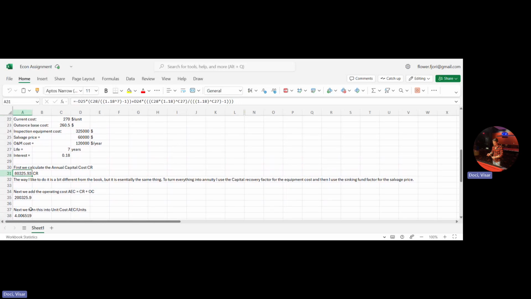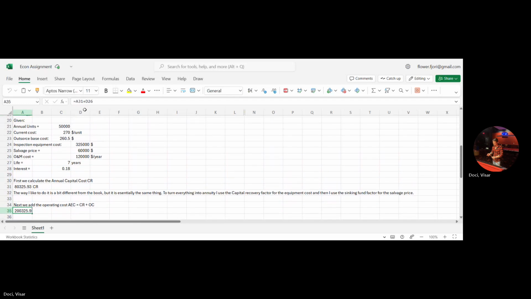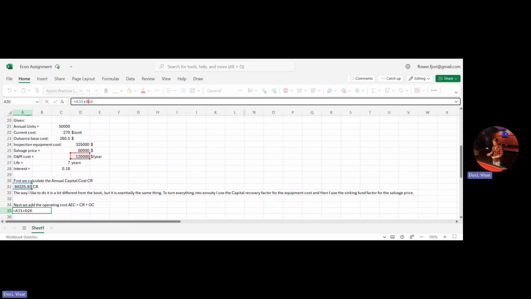After we get that, we add up the operating cost to get the AEC, which comes out to 200,325.9, because we added the 120,000 and the $80,000 together.